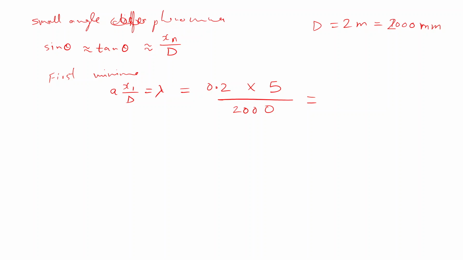So 5 times 0.2 divided by 2000 will be 0.0005. That means 5 times 10 to the power minus 4 millimeter.